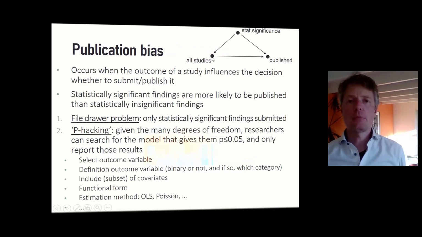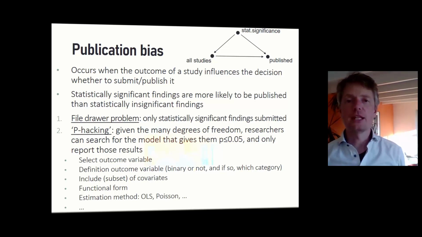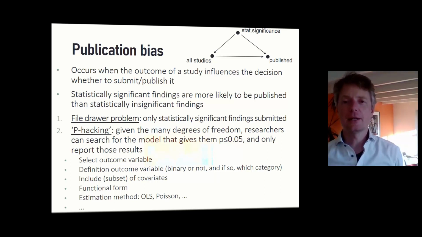What is publication bias? Well, the term bias is something familiar to you from Econometrics 1, for instance, and it relates to non-random selection into treatment so far.